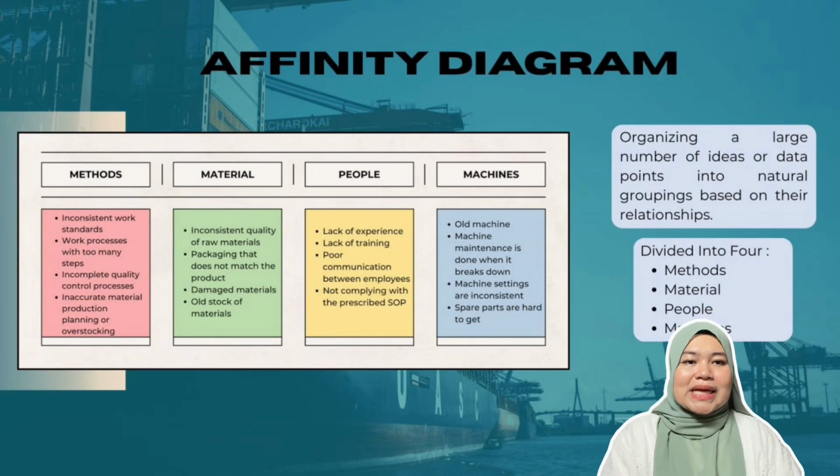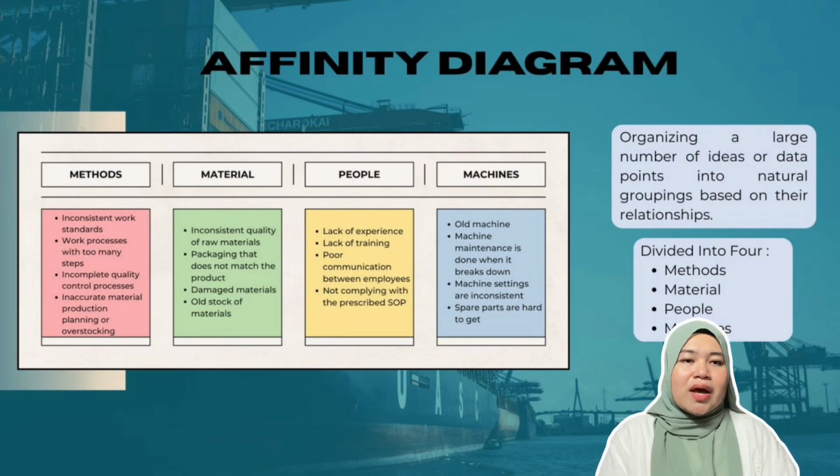For methods, there are inconsistent work standards, work processes with too many steps, incomplete quality control processes, and poor material production planning or overstocking. This can affect operational efficiency and increase risk. Therefore, comprehensive improvements are needed to ensure more efficient and controlled operations.